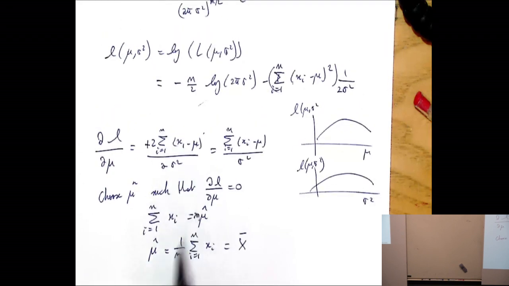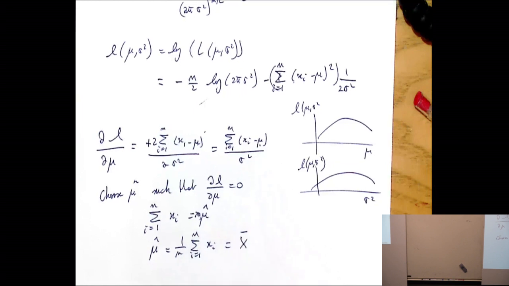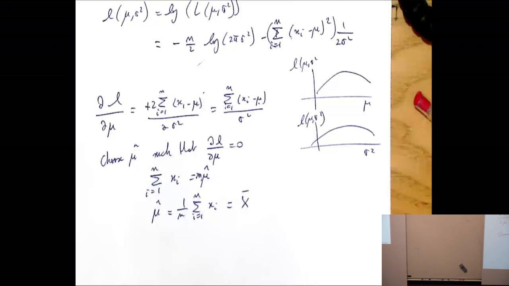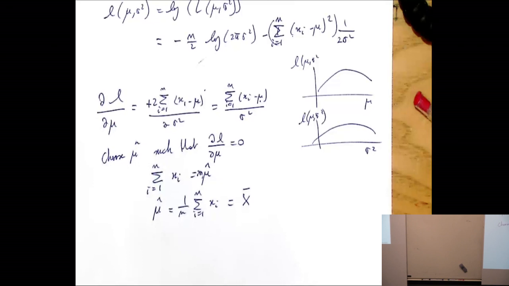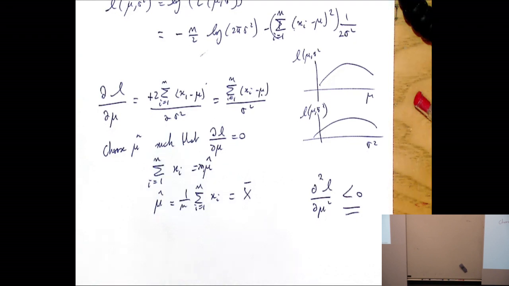I have an n here because I have a sum over all the n terms. So here I have my maximum likelihood estimator: the sample mean. And I can take a second order derivative with respect to mu, and you find that it is negative. So indeed you have this concavity.